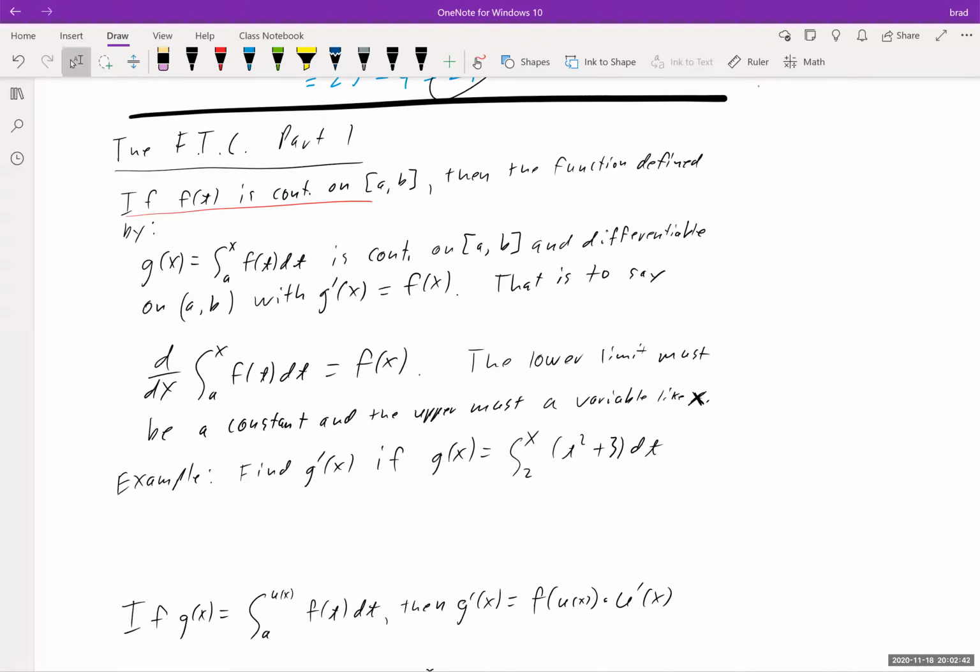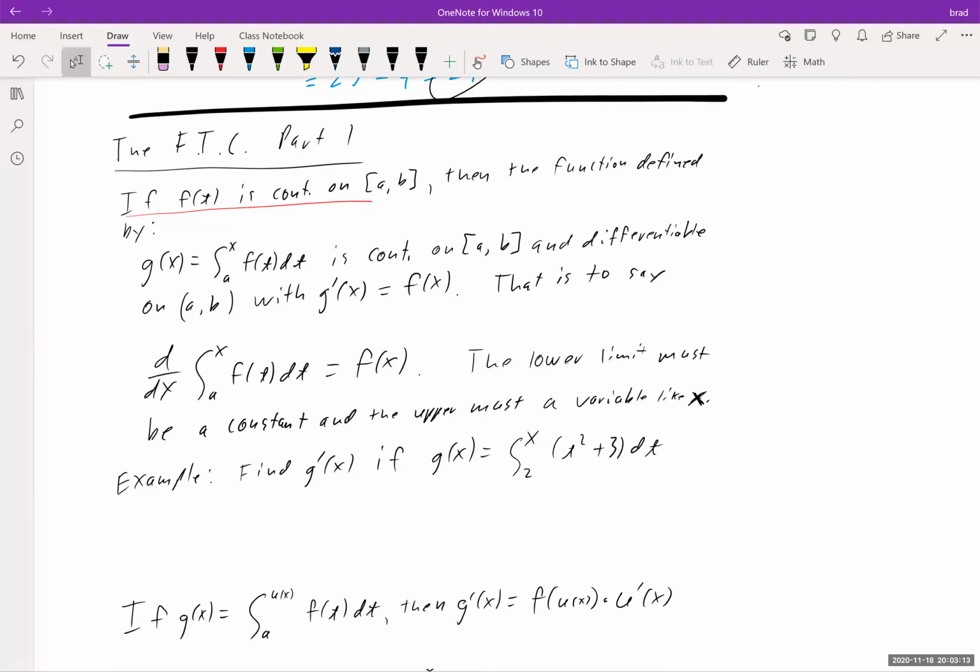Well, in this sense, if you want to get rid of a sine function, you can use an arc sine function because they're inverses of each other. So what this is trying to show you is, just like with inverses, I guess what I was talking about before was inverse operations. And in a way, this is inverse operations too, but it's a little bit more powerful than that, because you're basically saying that you can undo a derivative with an antiderivative, or you can break down an antiderivative with a derivative.